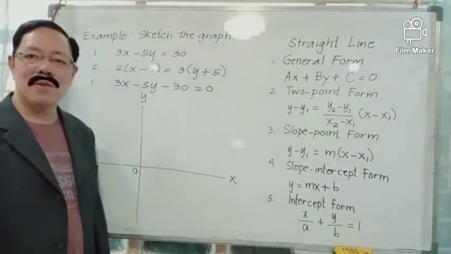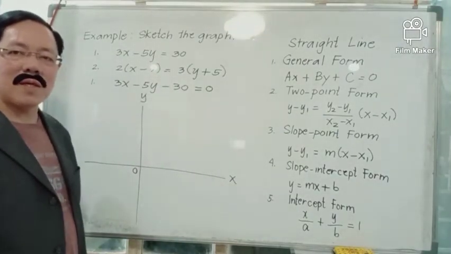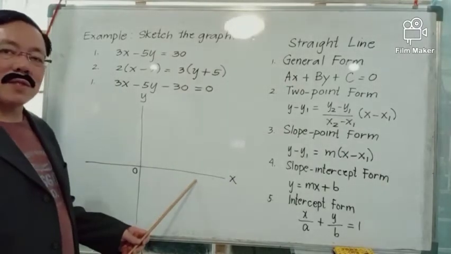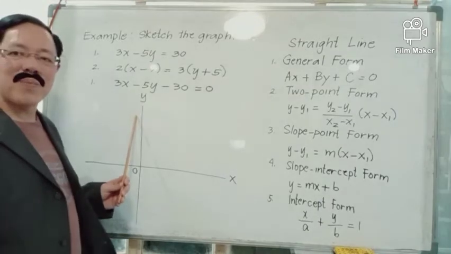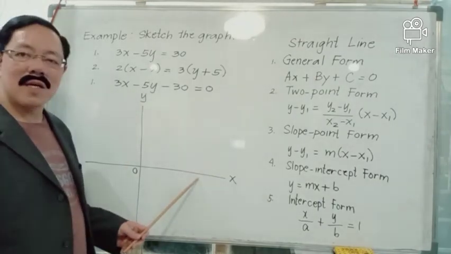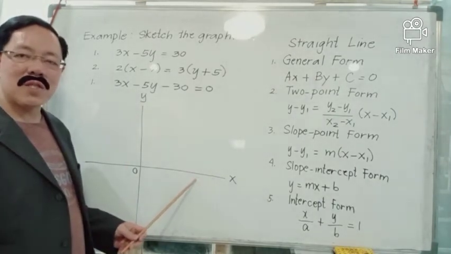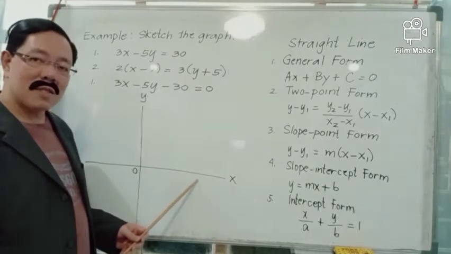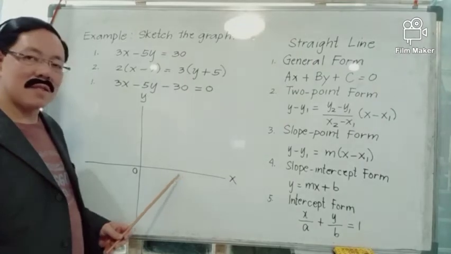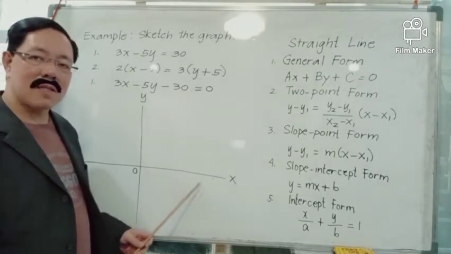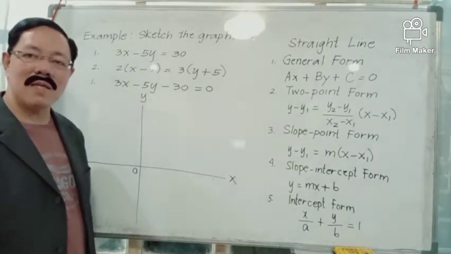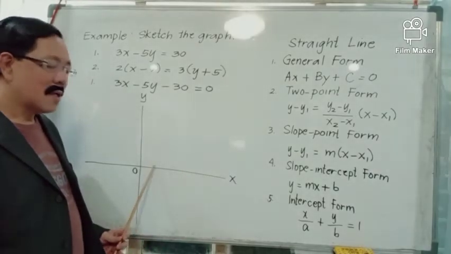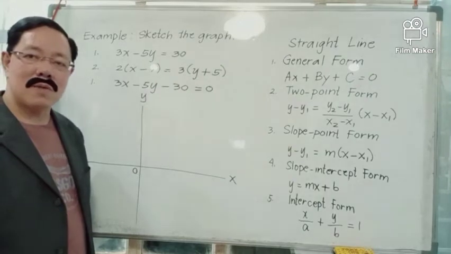As I said, the easier way to sketch the graph of a line whose equation is given is to find the x-intercept and the y-intercept. The x-intercept is the point of intersection of the line and the x-axis. So the x-intercept is a point on the x-axis, and at any point on the x-axis, the value of y is 0.